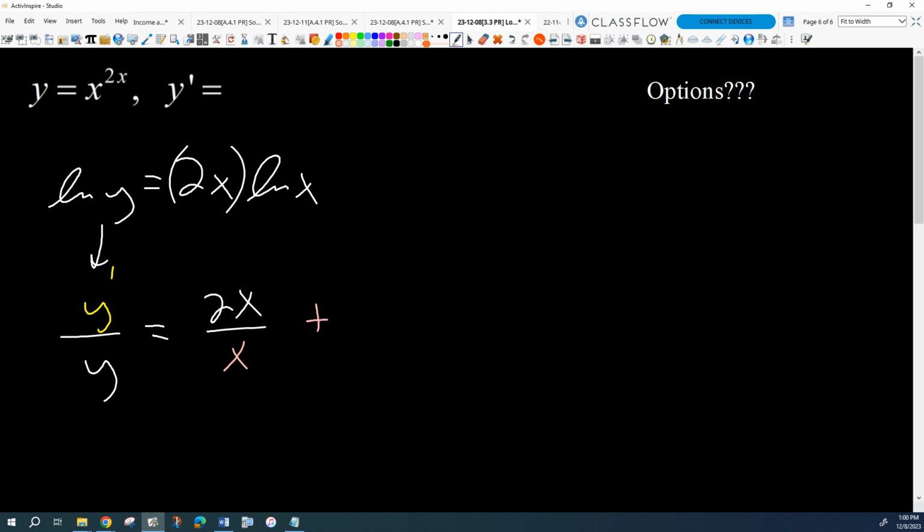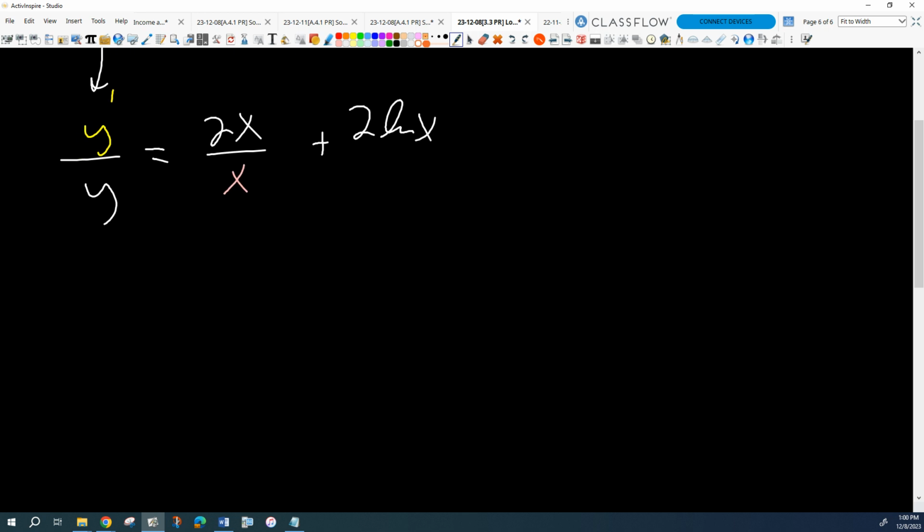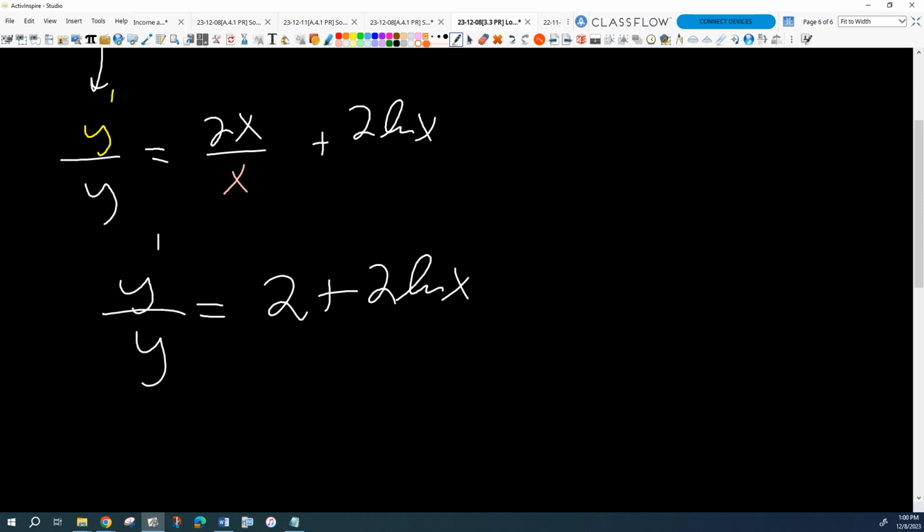Plus 2 log x, which just becomes 2x over x is just 2, right? So y prime over y equals 2 plus 2 log x.